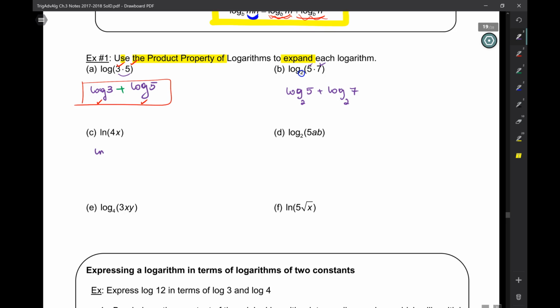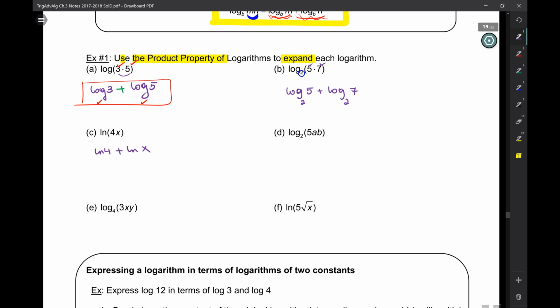So it's going to be ln of 4 plus ln of x. Now, if any one of these is something that could be simplified further, then you should. But if it doesn't simplify any further, then you just leave it. So you just leave it as ln of 4 plus ln of x. That's it. You don't need decimals. You don't need anything. So even this you could do without a calculator, right?